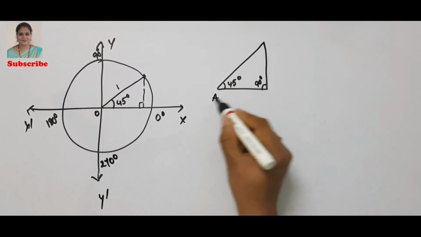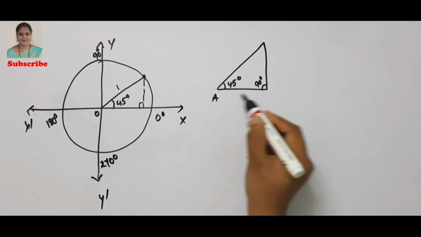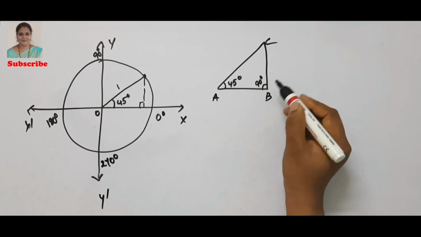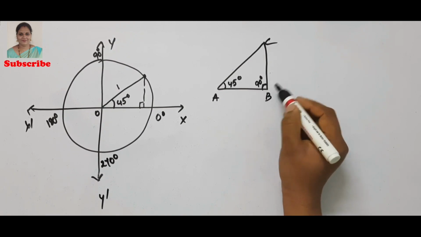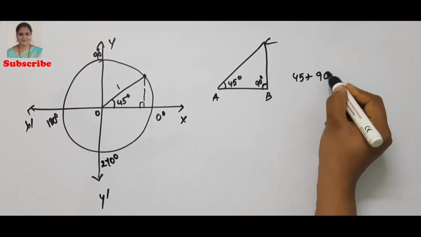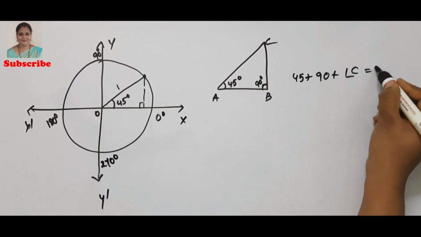Let these be A, B and C. According to the properties of a triangle, the sum of the angles should be 180 degrees. So 45 plus 90 plus angle C is equal to 180 degrees.